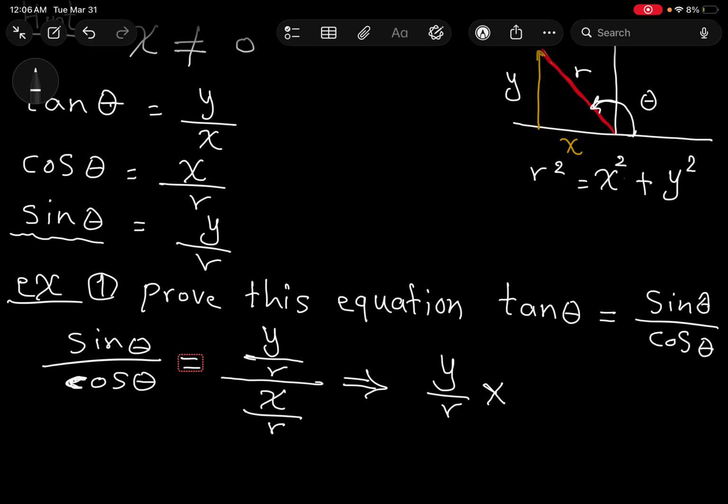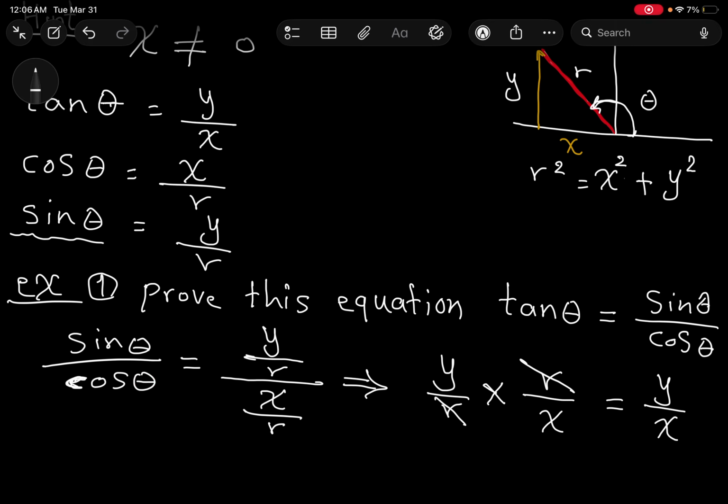We said that in the class: reciprocal, not flip. You should remember the mathematical term. Y over r times r over x. So we can cancel r with r, and it equals y over x.